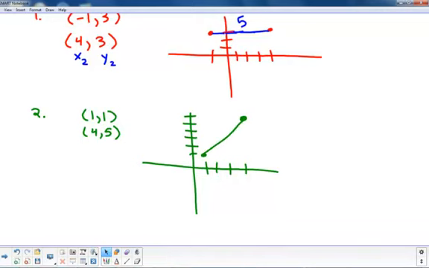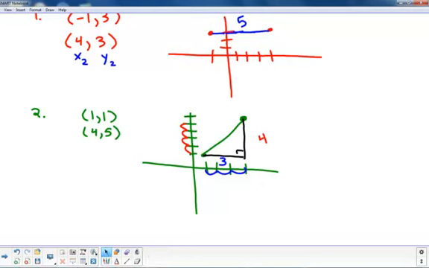So in order to find the distance for a diagonal, we're going to drop our altitude, which is our height, and our base. So this is a 90-degree angle. This distance at the bottom is 1, 2, 3 spaces. This distance on the side is 1, 2, 3, 4 spaces.